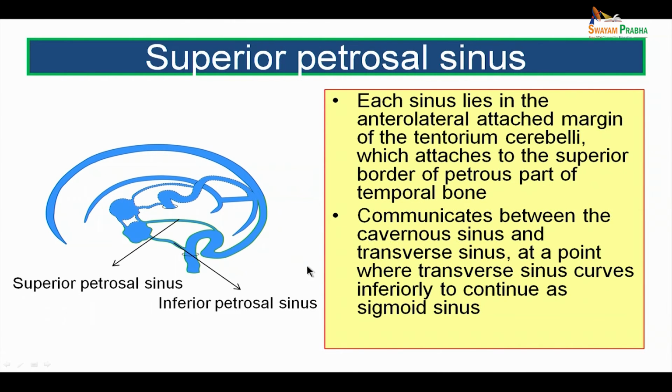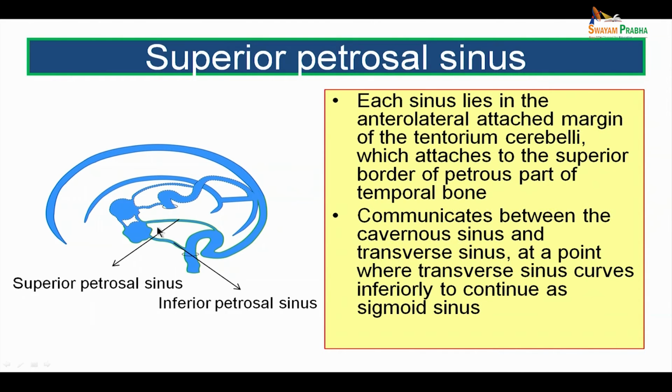We move on to study the superior petrosal sinus. Each sinus lies in the anterolateral attached margin of the tentorium cerebelli, which attaches to the superior border of the petrous part of the temporal bone. This sinus communicates between the cavernous sinus and the transverse sinus at a point where the transverse sinus curves inferiorly to continue as the sigmoid sinus.